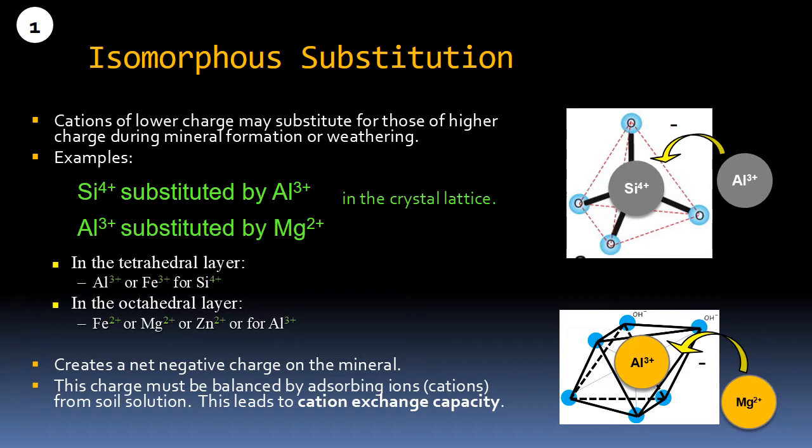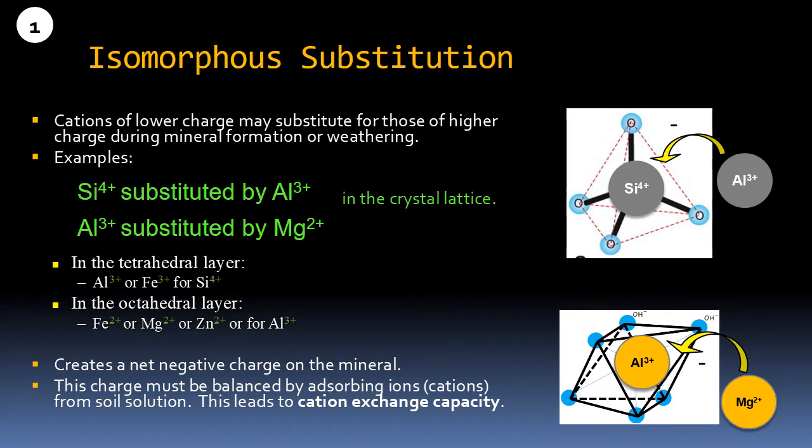But in general, it can happen at the level of the tetrahedron and the octahedron. Then remember that we said that the tetrahedrons, when they are put together, form a sheet. So the same process can happen at the sheet level, or at the layer level, or at the clay level itself.